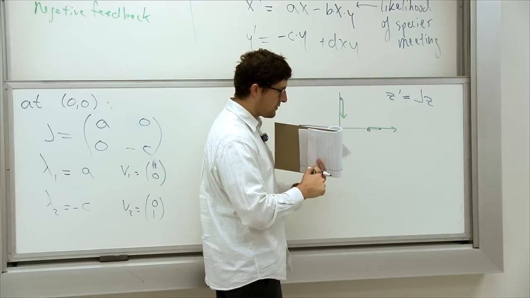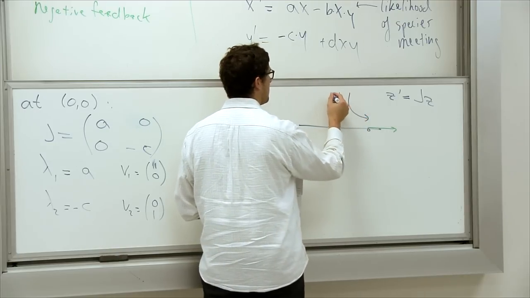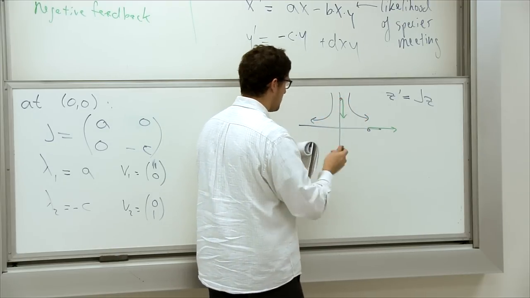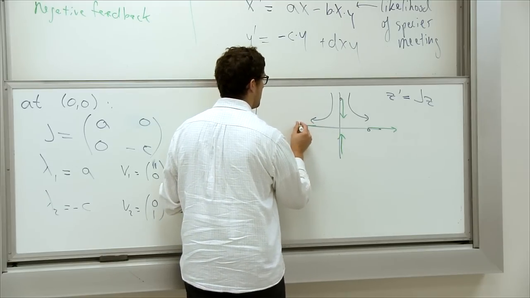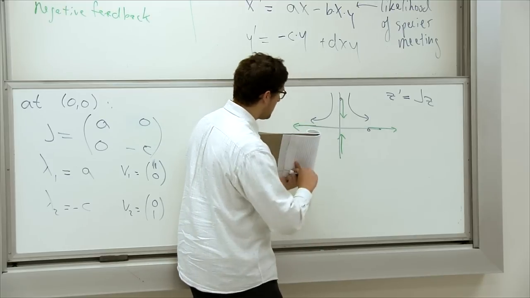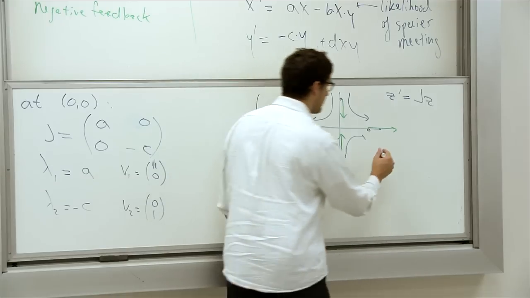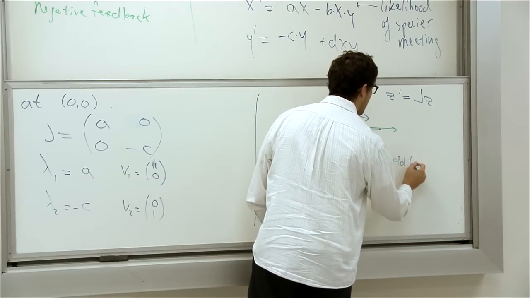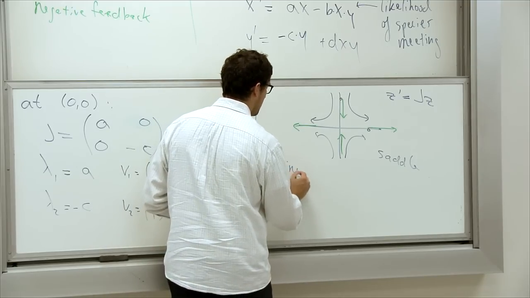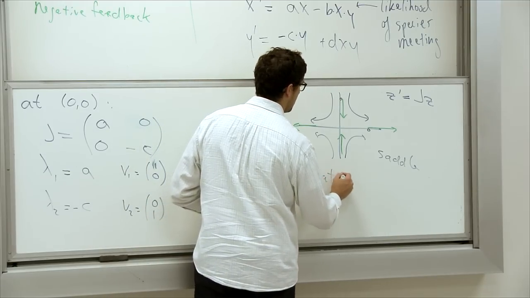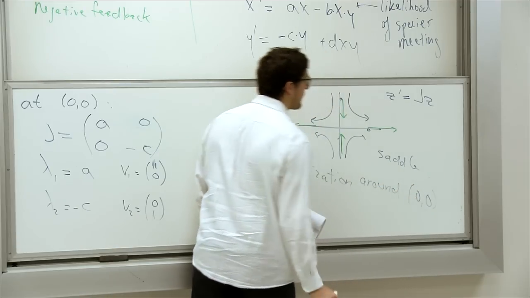And so the dynamics is like this. What's this called again? It's a saddle, right? So this is the linearization around 0, 0.